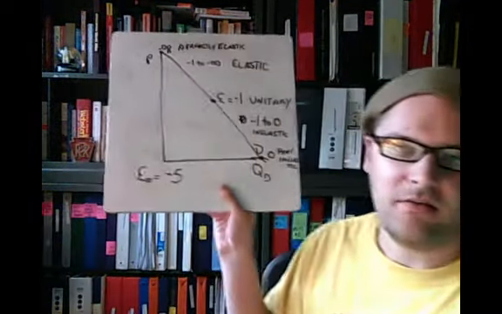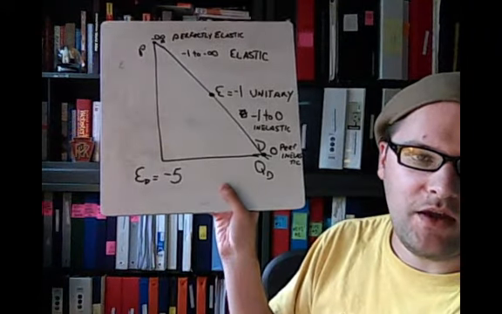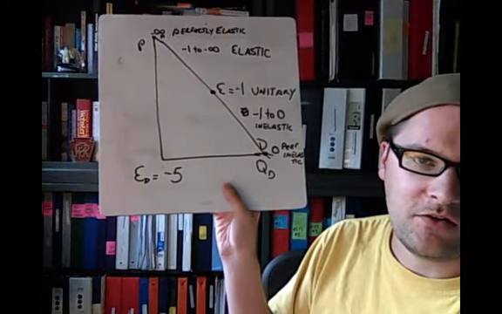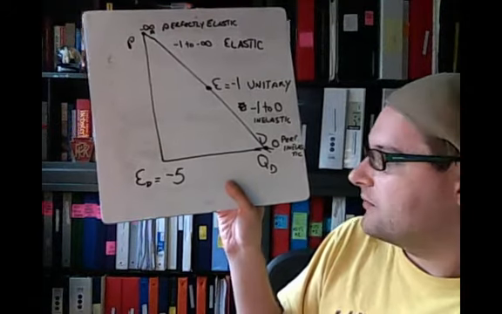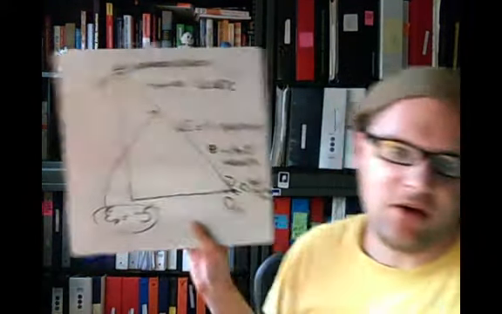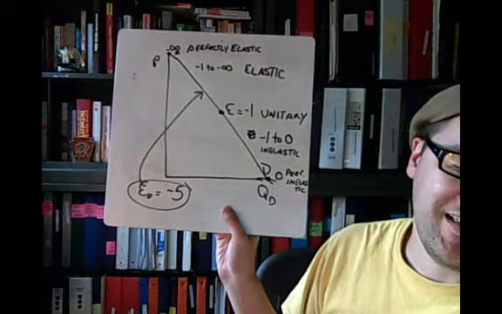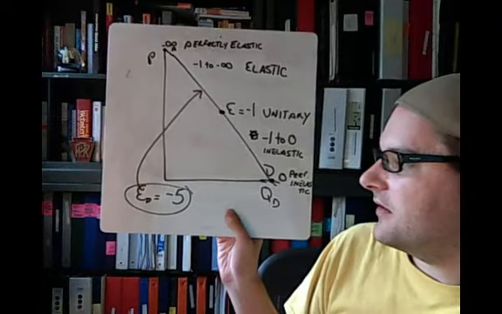Now, what we can see here in this picture is that you would then have a number. Let's say that I gave you a number like the elasticity of demand is -5. Then what you would be asked to do is identify where it is on the demand curve and what that number means for us. So at a number of -5, obviously we can identify that this would be somewhere in the upper portion of the demand curve, or the elastic region of the demand curve.